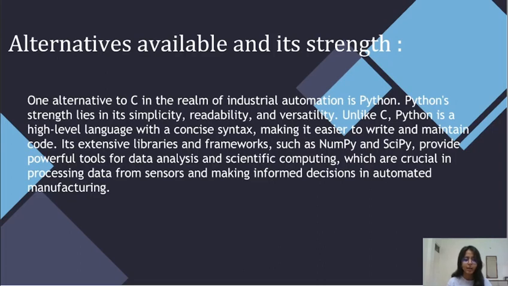Its extensive libraries and frameworks such as NumPy and SciPy provide powerful tools for data analysis and scientific computing, which are crucial in processing data from sensors and making informed decisions in automated manufacturing.